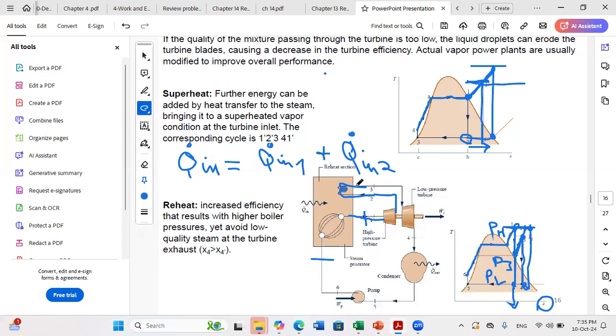And now you can pass your fluid through the low pressure turbine in order to expand to the desired quality at the exit of the turbine. In this way, first you were able to increase the quality, plus you didn't exceed your limit temperature.